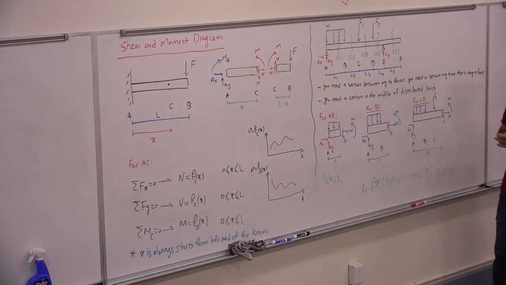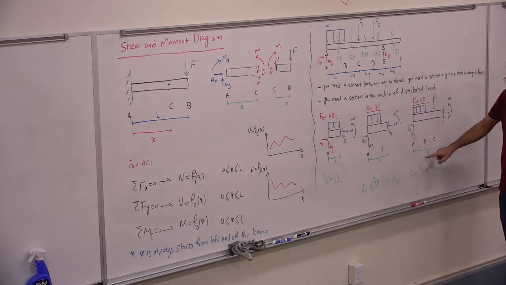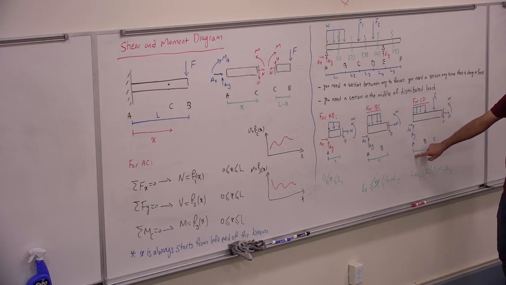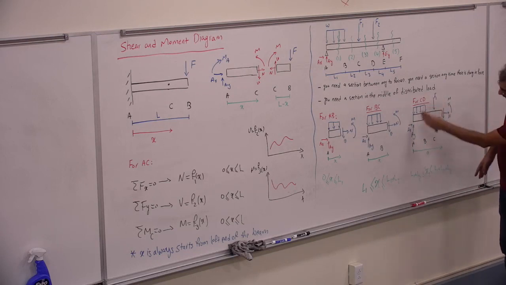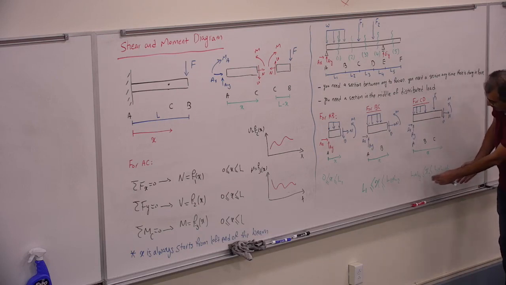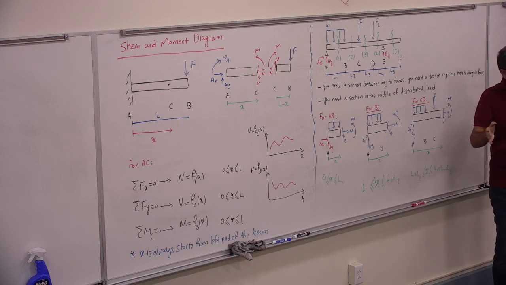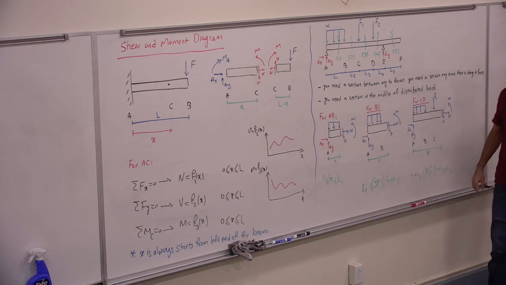This is very important that you remember. X always starts from the zero, from the very left end. 0 is there, but we only consider the section we are interested in. So we keep the origin, we don't move the origin, but we only look at that.